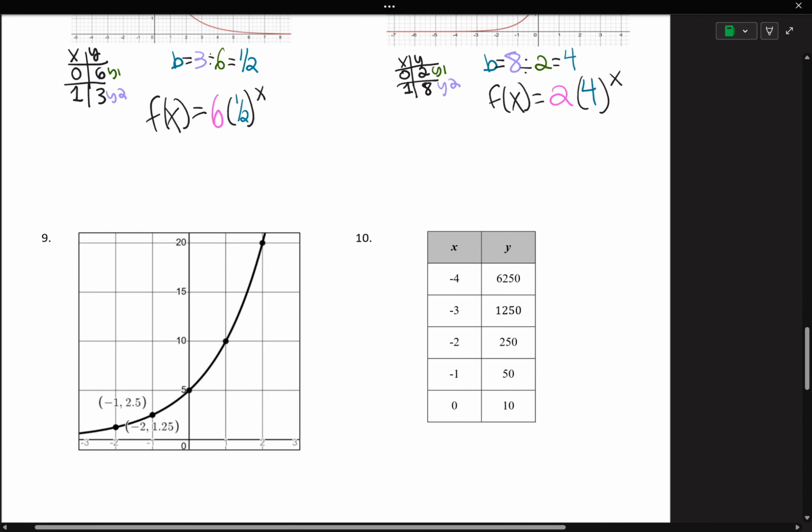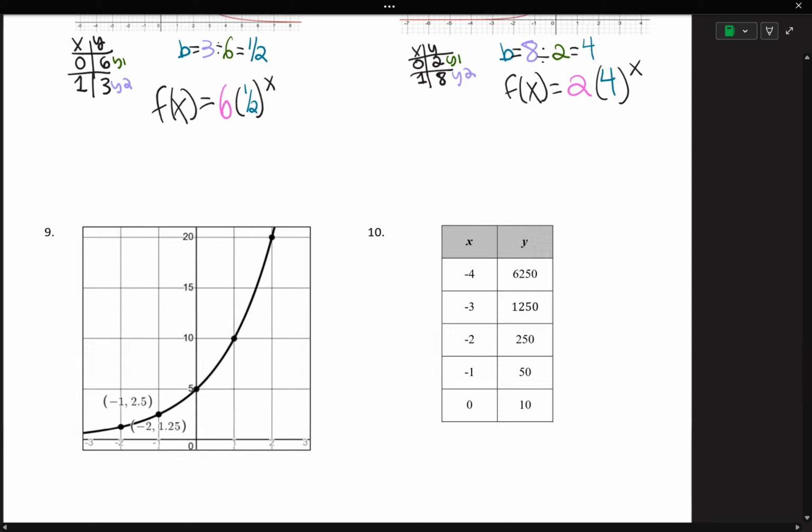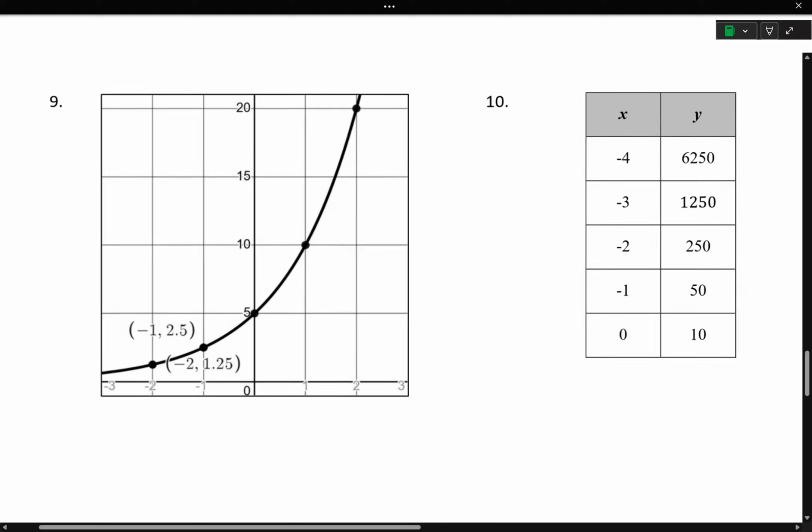So we got one more table and one more graph. Okay, now number 9, wow, I give you so many points. I give you decimals. Do you need to use those decimals? No. So let's identify the nice points that I gave you but didn't type out. No, how cruel of me. First, we got our y-intercept.